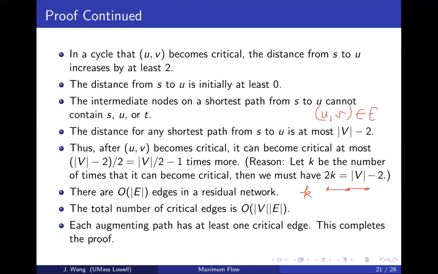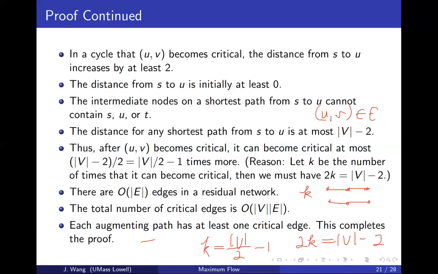So if I have K times, then 2 times K is the total number of edges you have increased, and that is at most V minus 2. So K, the number of times, is V over 2 minus 1. That is the total number of times each edge can be critical. After that, this edge can no longer be on any augmenting paths.